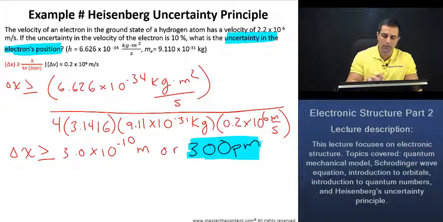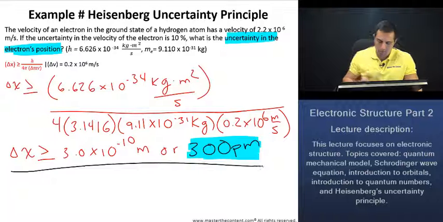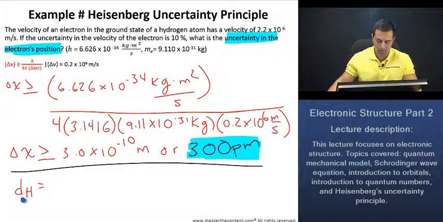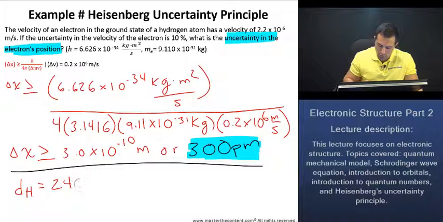Now, let me explain as to why. If we look at the diameter of the hydrogen atom, that's what this symbol here stands for, that is actually 240 picometers.